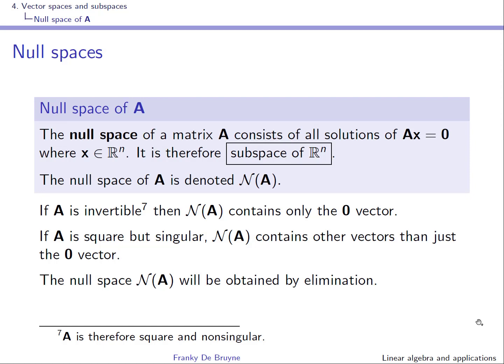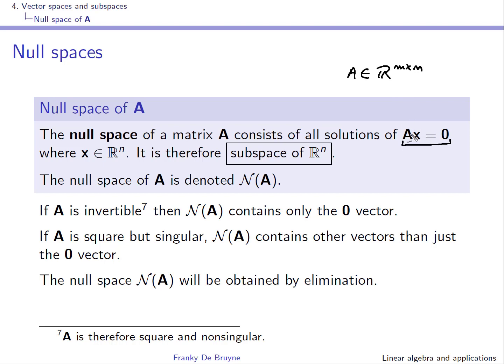Okay, so the next subspace associated with A is the null space of A, and it consists of all solutions x of the equation Ax equals 0. So if we look for all x that make Ax equal to 0, of course A is in R m times n.